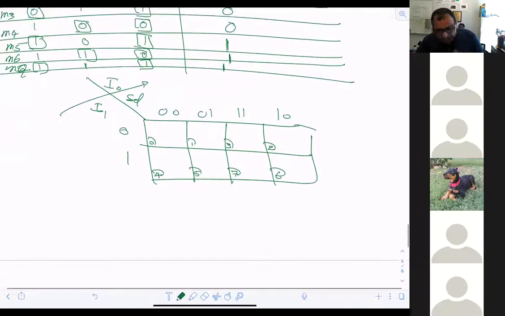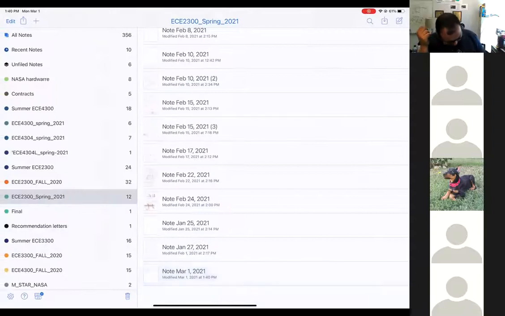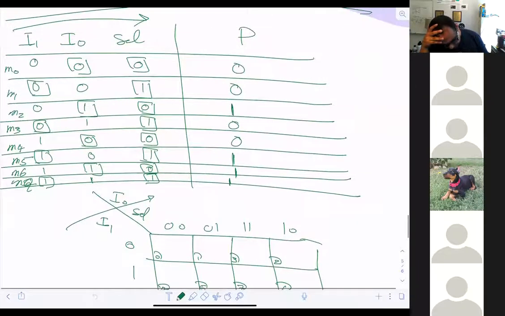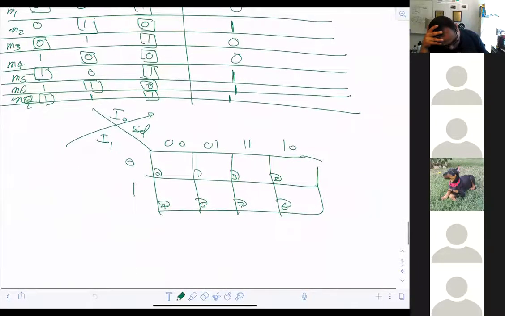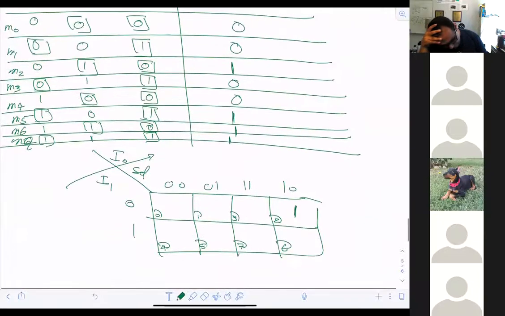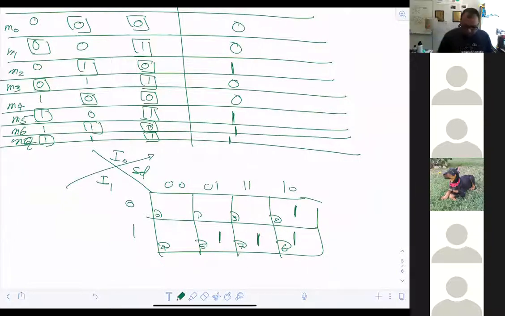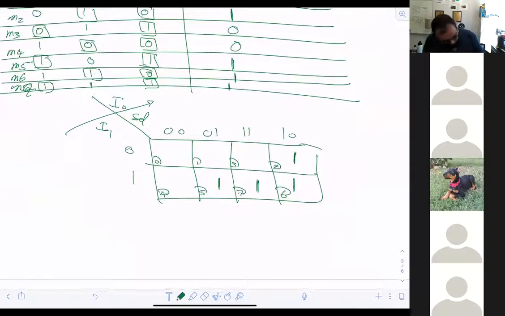Anyway, so now we put the select here. So M2 is equal to 1, right? M5, 6, and 7 are equal to 1, right? You guys agree? The rest are what? Zeros.